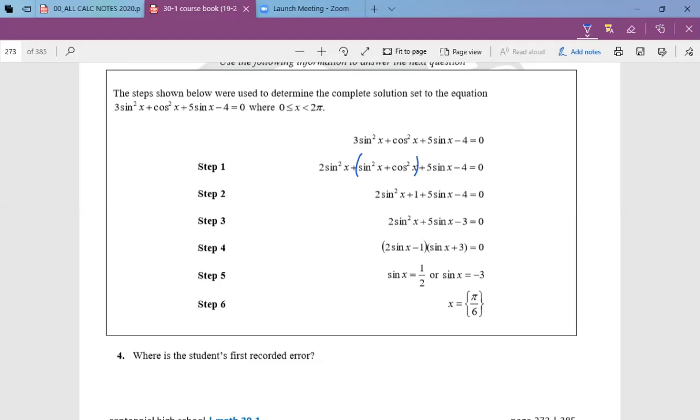And if sine squared plus cos squared is 1, this now becomes 2 sine squared x plus 1 plus 5 sine x minus 4. So is this breaking apart of 3 sine squared the same as 2 sine squared plus sine squared? Yes, it is. Once we've done that, can we group the sine squared plus cos squared to equal 1? And here it is.